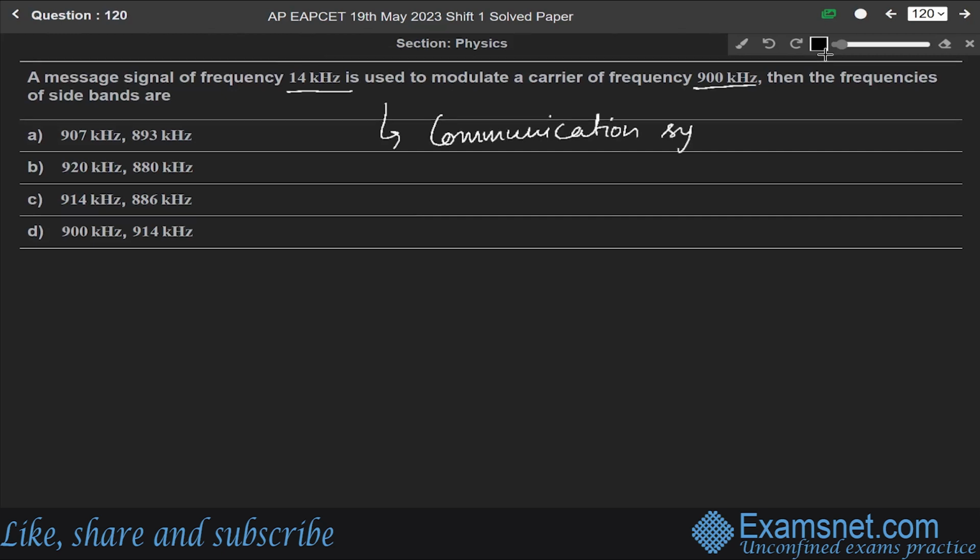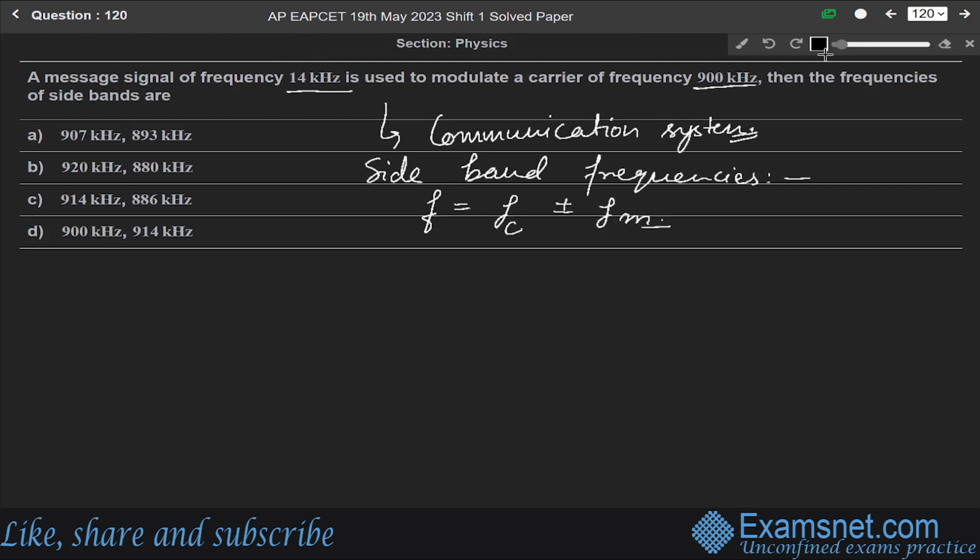So students, we know that there is a direct formula for the sideband frequencies, that is F equals FC plus minus FM. And here in this question, FM is given as 14 kilohertz and the carrier frequency FC is given as 900 kilohertz. Okay, so just put the values here and we will get our answer.